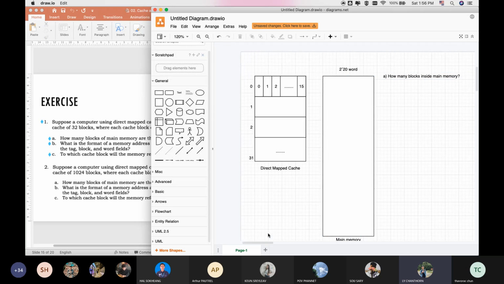If you cannot calculate the number, just tell me how to calculate it. How can I find the number of blocks inside the main memory?